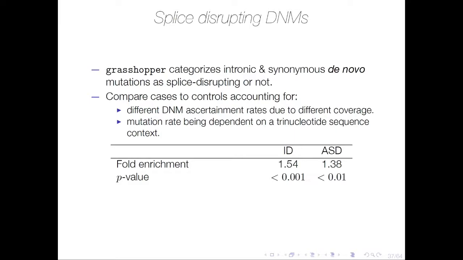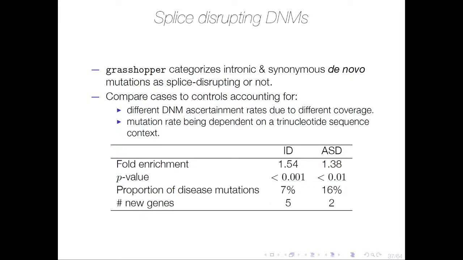And by doing a similar analysis for protein truncating variants, we estimate that the proportion of pathogenic, so disease-causing, mutations that act through splicing is 7% and 16%, respectively. We can also use our predicted splice-disrupting mutations to improve what are known as burden tests.